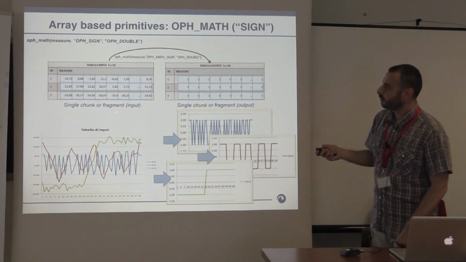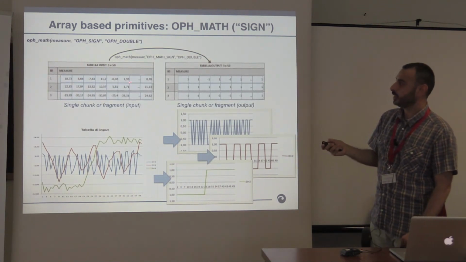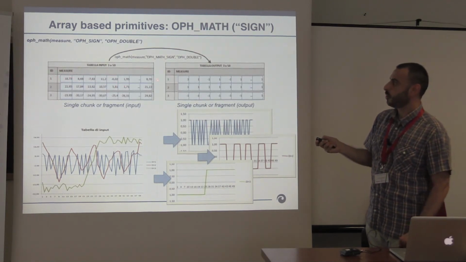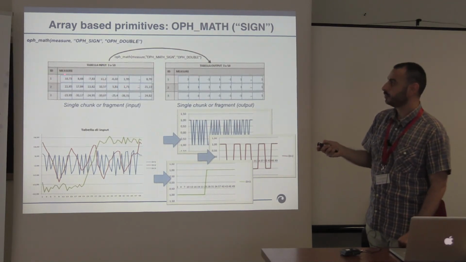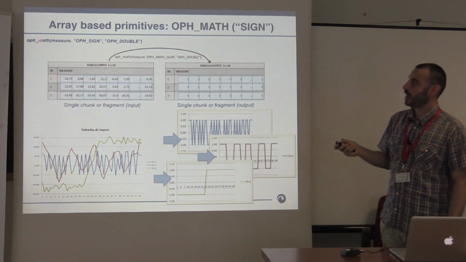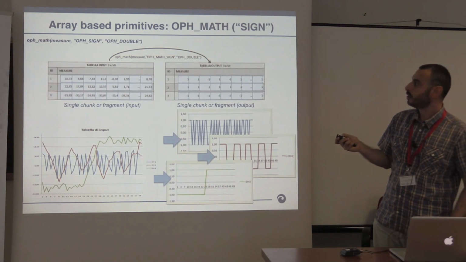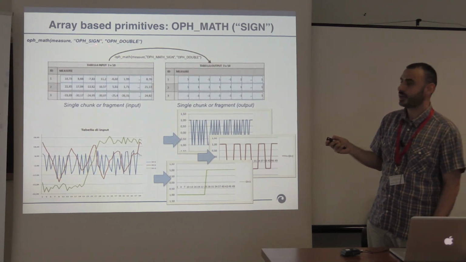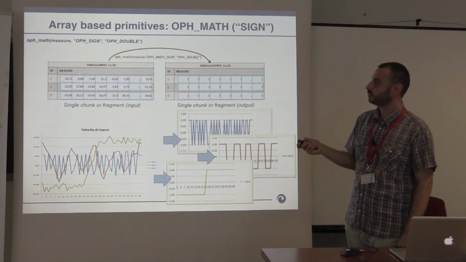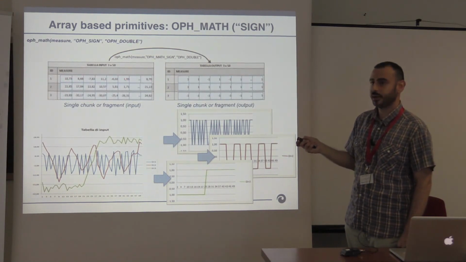So starting from this input data, you can see the array, one line, one row for each array. We can apply the OPH map primitive in order to find, for example, the sign for each value contained in the array.